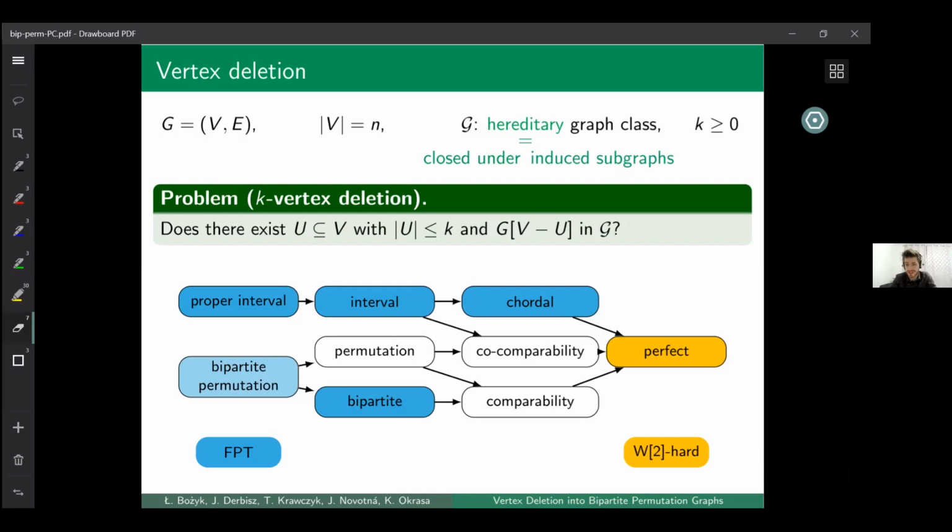Closed under vertex deletion means closed under induced subgraphs, and is also characterized by a family of minimal forbidden induced subgraphs. So for all those classes and many more, for each hereditary graph class, you can compile a list of these minimal forbidden structures, and it will come in handy later on.